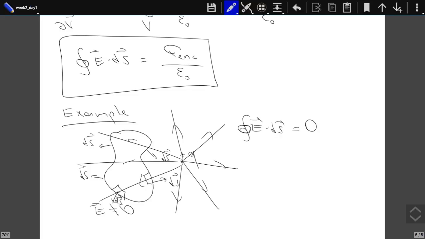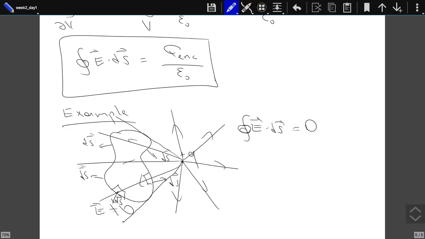But you see, when we say the left-hand side and the right-hand side, at least in this example, it is kind of divided by these rays. In this region, E dot ds is negative. In this region, E dot ds is positive.